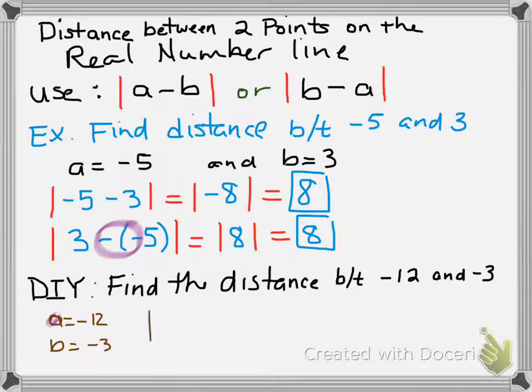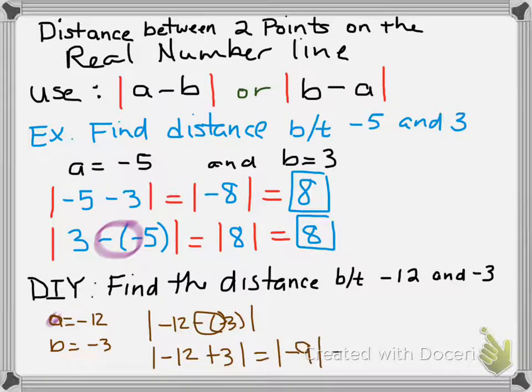So the first one says -12 minus the -3. So don't forget, because of that, we need to put the parentheses. So this becomes -12. That there becomes a +3. So this becomes the absolute value of a -9, which is just a +9. So the distance between those 2 points, it's 9 units.